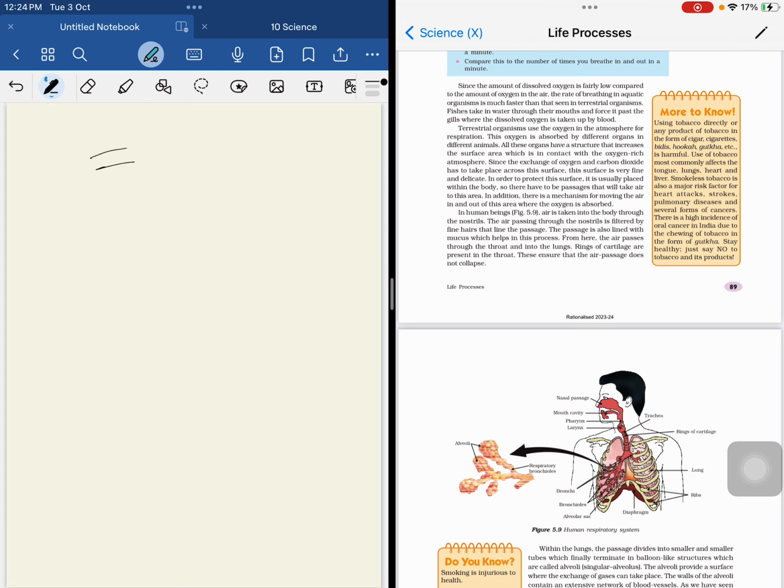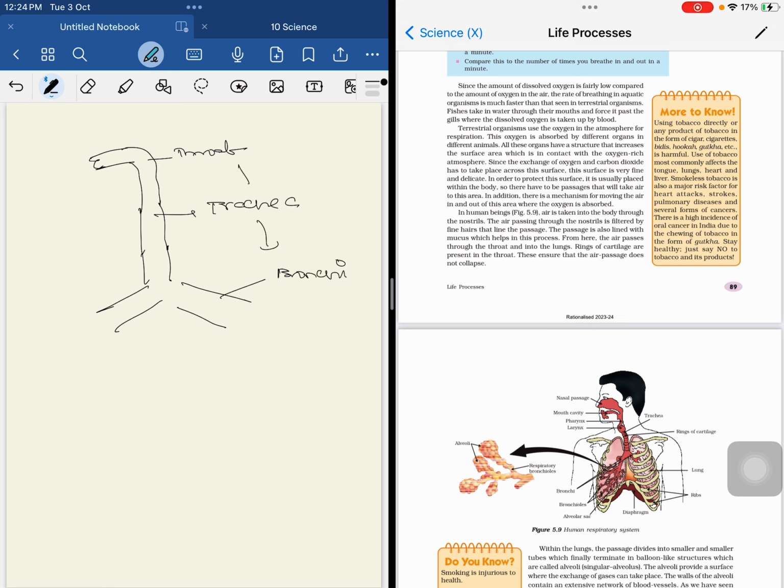Nose, from the nose it is taken to the throat. From the throat, it is taken to the trachea. From the trachea, it is divided into two bronchi, right bronchus and left bronchus.